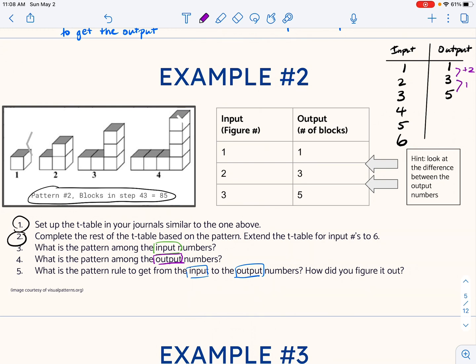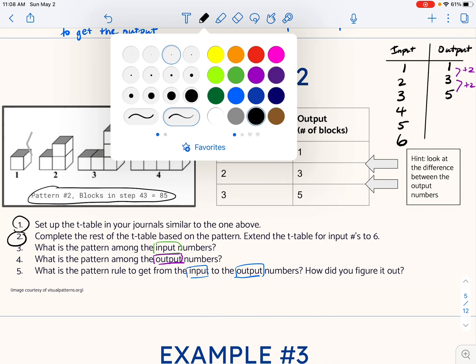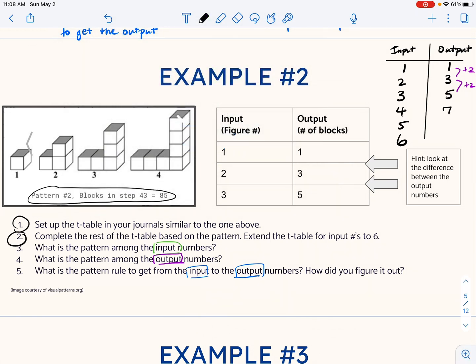So 1 plus 2 is 3, 3 plus 2 is 5. So we know that 5 plus 2 is 7, 7 plus 2 is 9, and 9 plus 2 is 11. So the rest of the output numbers will be 7, 9, and 11 for the corresponding inputs 4, 5, and 6. Okay, so we've done numbers 1 and 2.